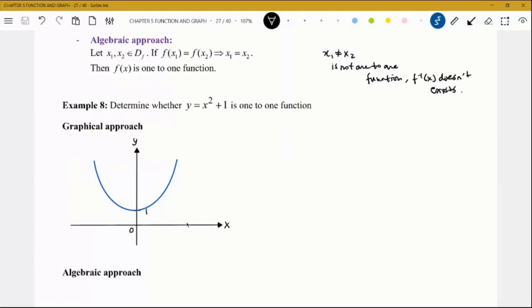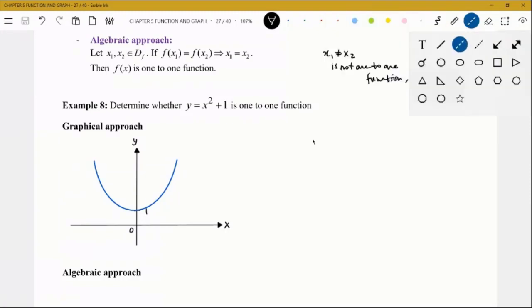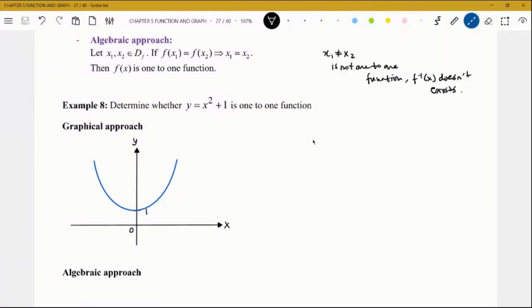Okay, and then to determine either it's a one-to-one function, you have to sketch a horizontal dotted line. Let's see, I'll make it like this. So this one should be y equal to k. As you can see, we have two intersection points. It means it's not a one-to-one function. Okay, so we have to give the conclusion.